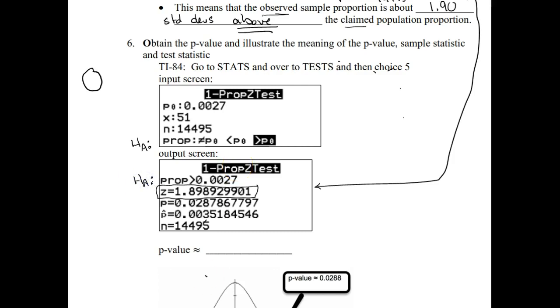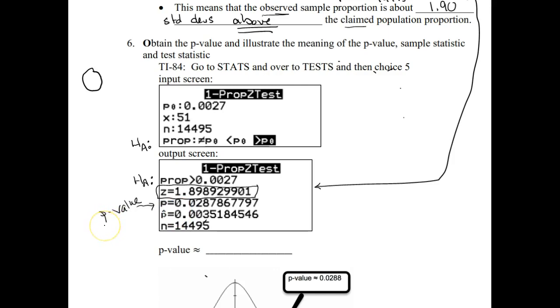On the output screen, the first thing you should check, just to make sure inequality symbols are going the correct way, is the first line up here, and make sure that it matches what you have written on your sheet for the alternative hypothesis, which it does. Here's our z-score that we set up the formula for, again about 1.90. Where it says p, that is not p. That is really the p-value, so we need to write that all out, where that p stands for probability.